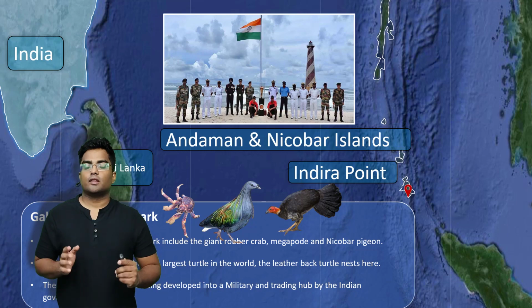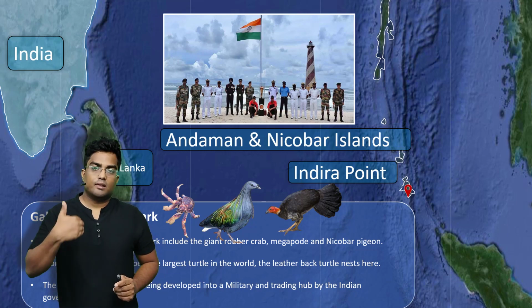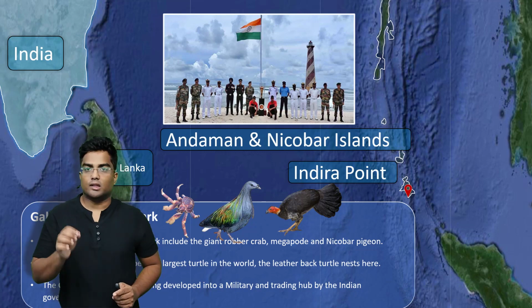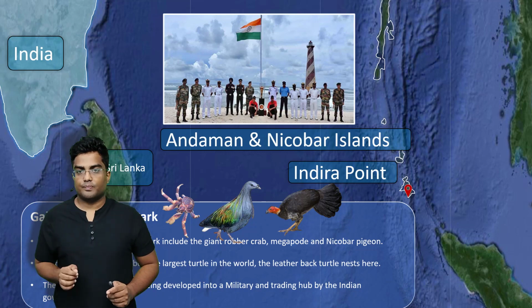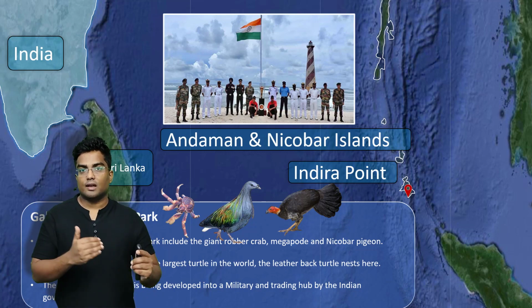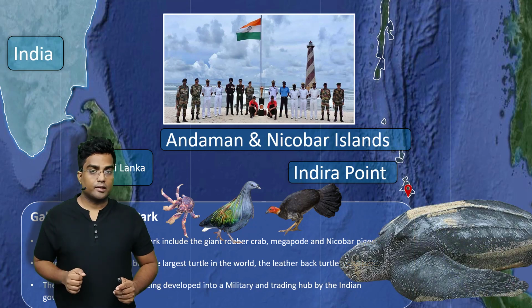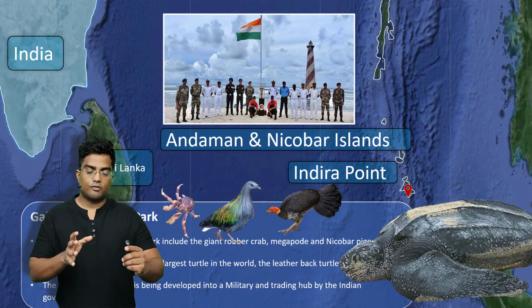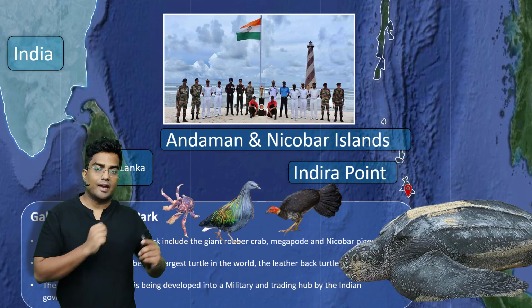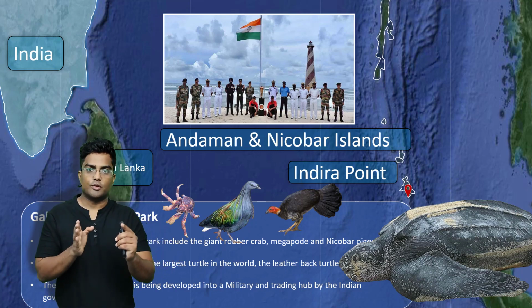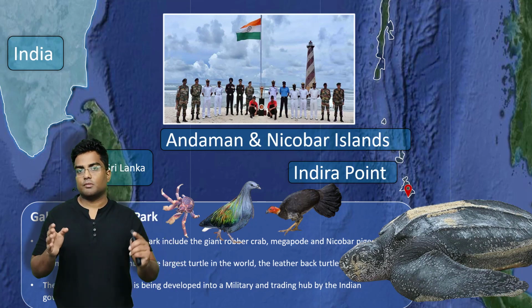Now, one more interesting thing that you have to know is that this particular region in the months of February to December is important for the leatherback turtle. So, this is the leatherback turtle. This species of turtle comes here to lay eggs from February to December. So, that is pretty much important.